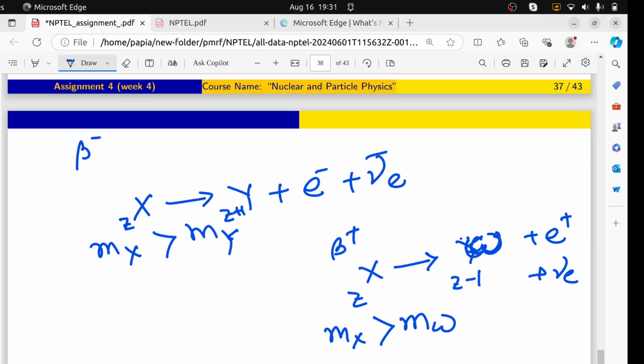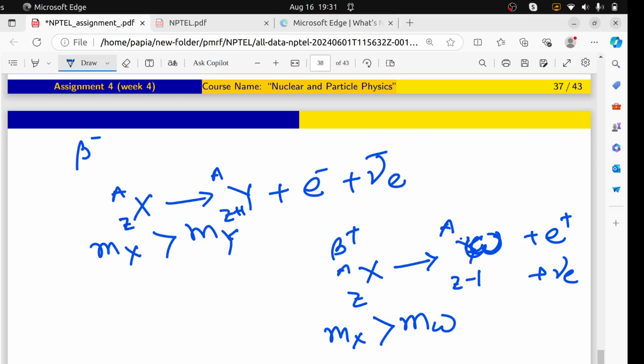So if X is decaying through beta minus as well as beta plus, that means M of X should be greater than M of Y as well as M of omega. Otherwise it will not be possible. Right? Now see the Z values here. And A. A is there, A is there, A is there.